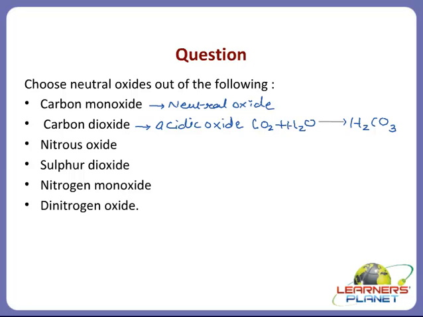Now our next oxide is nitrous oxide. The formula is NO2. NO3 is nitric oxide, NO2 is nitrous oxide. What type of oxide is it? It is again an acidic oxide.